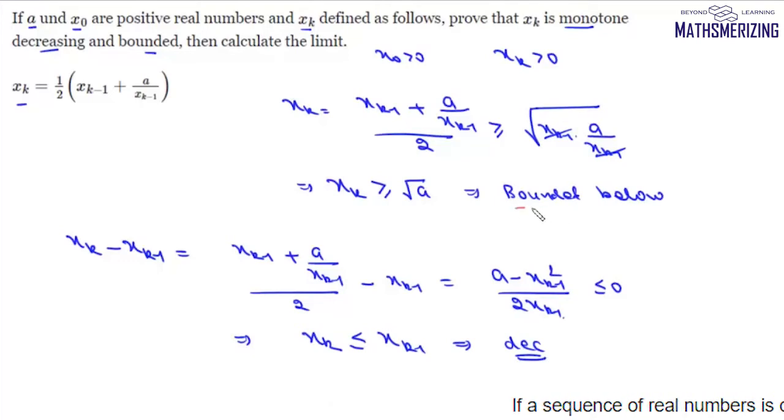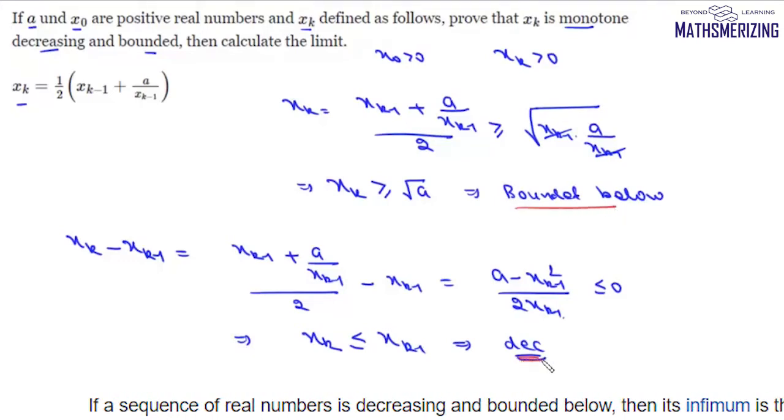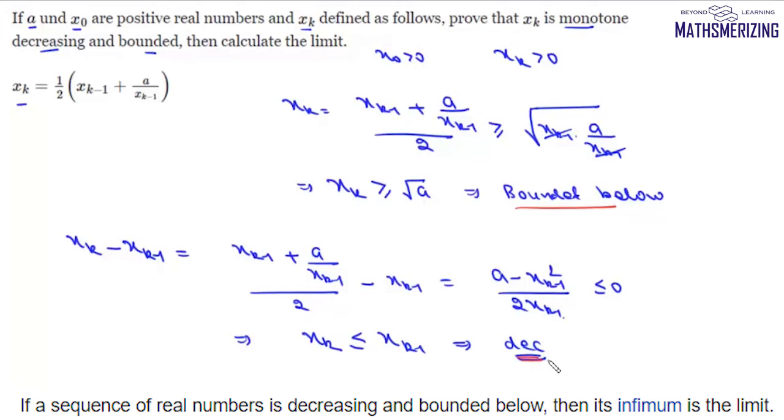Now the sequence is bounded below and it is a decreasing sequence. That means the sequence converges. So if it converges, let us say it converges to limit L. If we take the limit as k tends to infinity, then we can write L equals 1 by 2 times (L plus a by L).